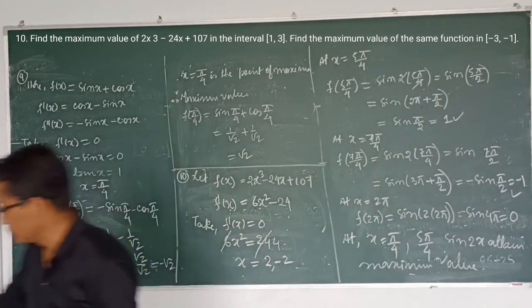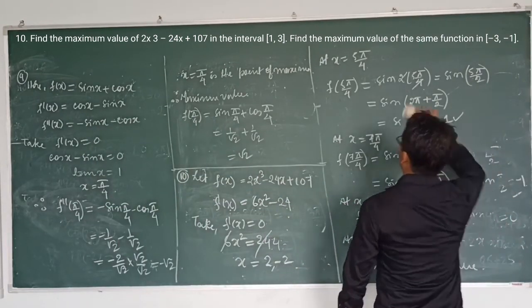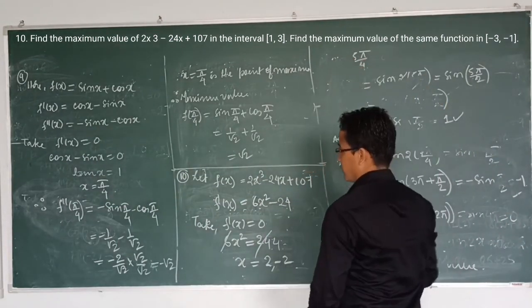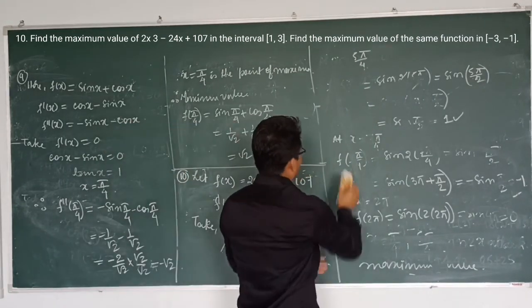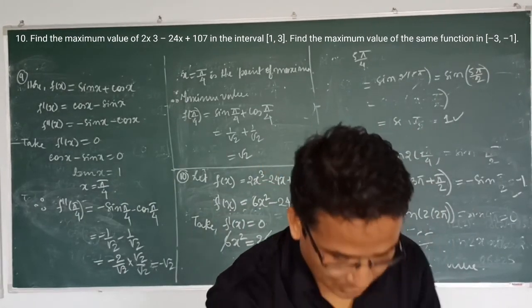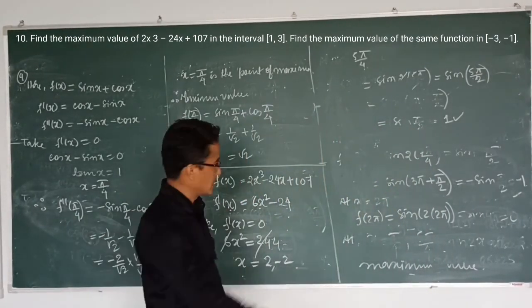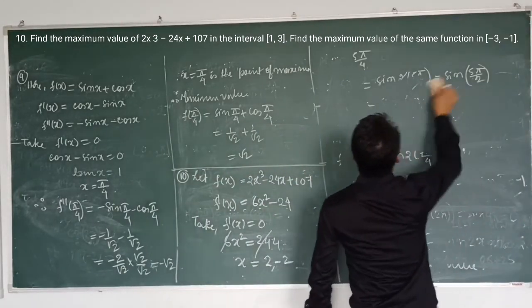Now we will see which interval these two values lie in. Two intervals are given in this question. The first one is 1 to 3, and the second one is minus 3 to minus 1.